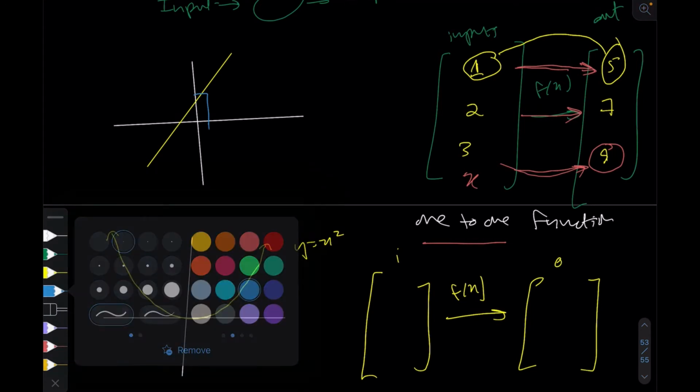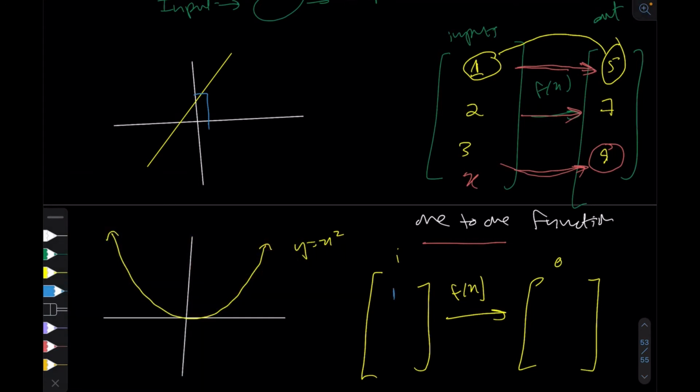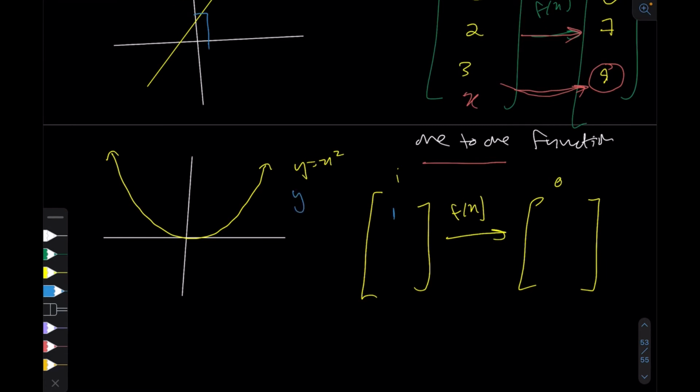So when I input 1 into it, what output does it give me? y equals 1 squared, which gives me 1. When I input negative 1, what does it give me? It gives me 1 again. So negative 1 and 1 both go to the same output 1. To give you another example, if I input 2 and minus 2, both of them go to 4.